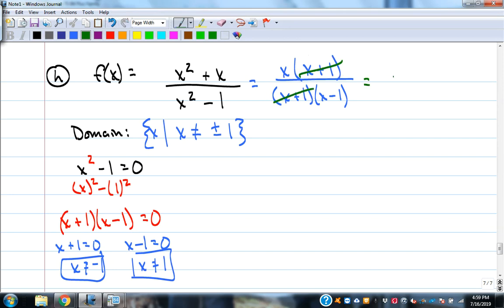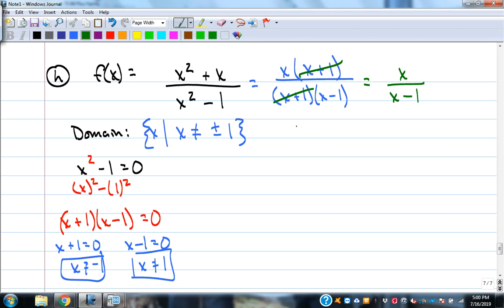The simplified version of that is x over x minus 1. Because it's simplified, that changes our vertical asymptotes. That's what simplifying does to it: it changes the vertical asymptote.